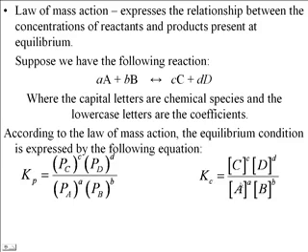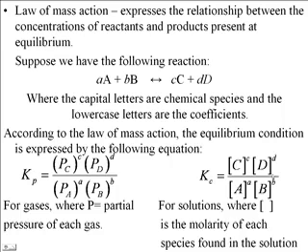It's the products over the reactants, and it's always products over reactants, where the coefficients from the balanced equation are used as the powers in that equilibrium. Okay, so the P is for partial pressures of each gas, and then the square brackets, as we know, is the molarity of each of the species found in that solution.